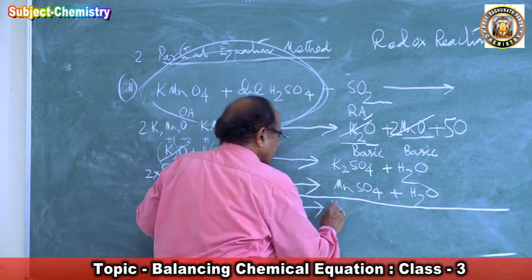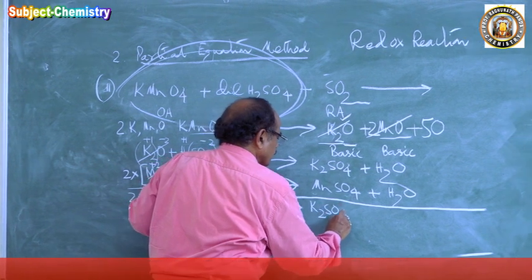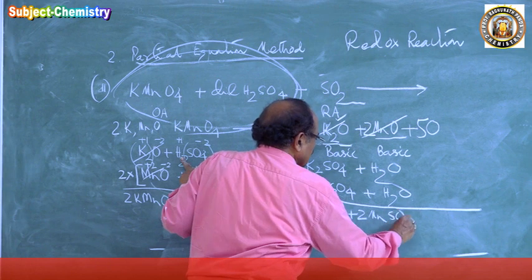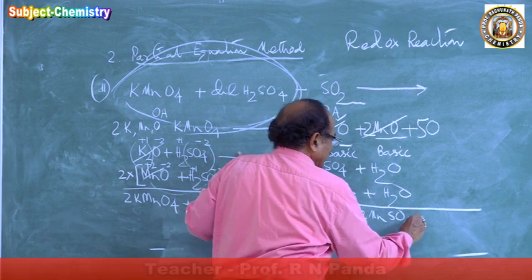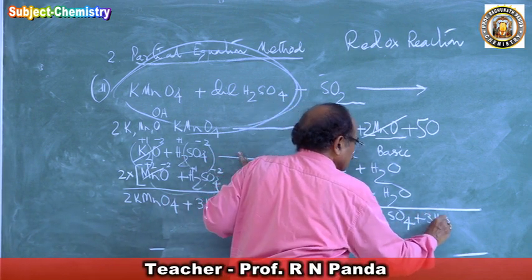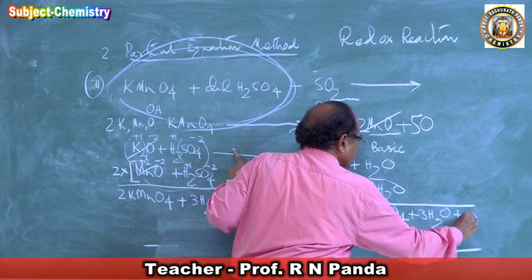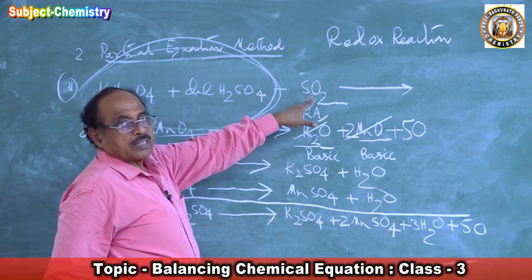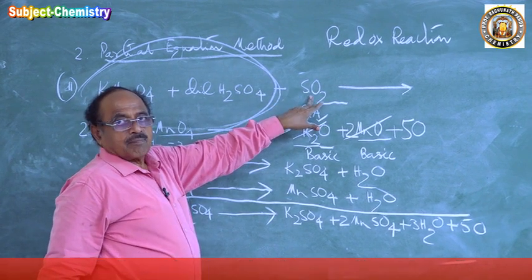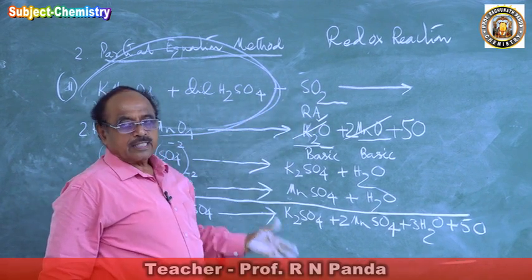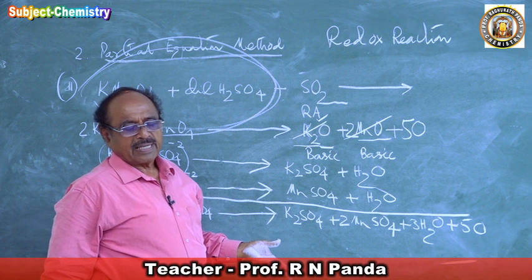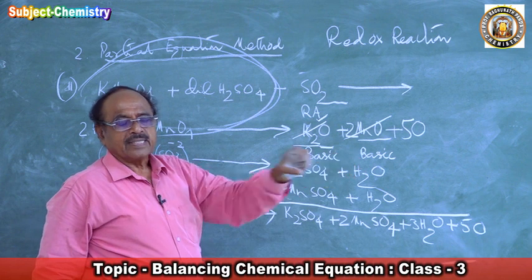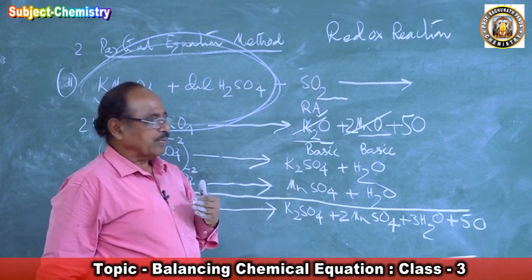Will form K2SO4, then 2 MnSO4, then 2 water plus water, 3 water, plus 5O. So this part is ready to react with whom? With sulfur dioxide. This is called the partial equation method of balancing a chemical equation. Partially we are balancing. We are not jumping. We are going step by step.